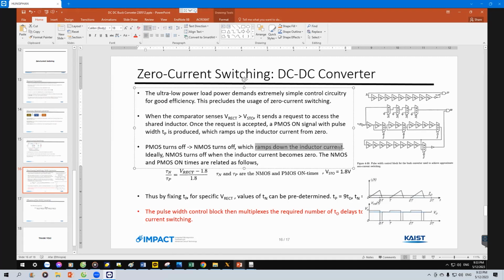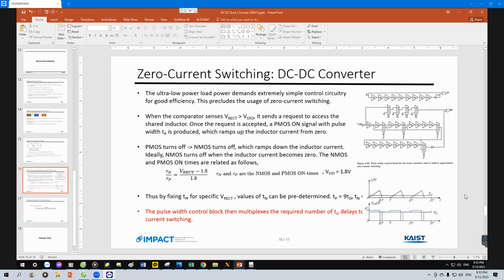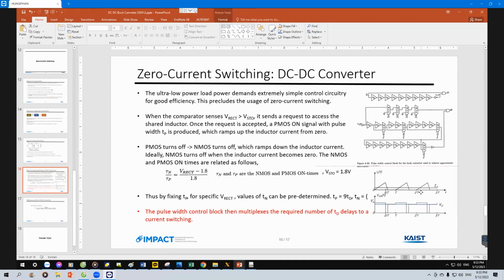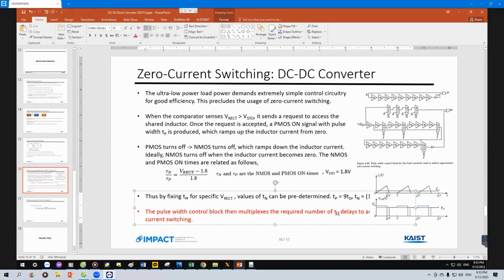Do you really understand this? I understand that part, but the line I turned red, I did not understand. What is TD, by the way? TD is the delay here.